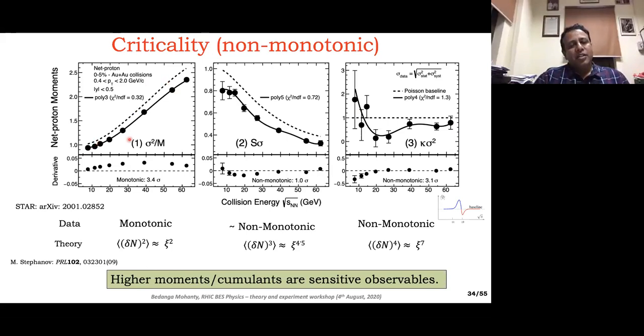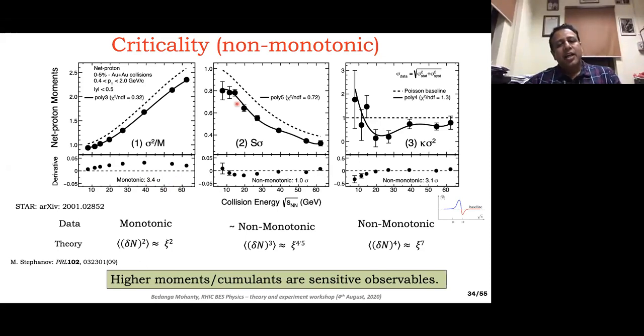Now, we are interested to see whether there are any non-monotonic variations in these observables. So what we do is we fit these distributions to a polynomial, the best fit that we get, and then look at its derivative. If the derivative changes sign, then it's a non-monotonic variation. What we find is that for sigma squared by mean, the derivative values all stay positive; it's monotonic to a significance of 3.4 sigma.